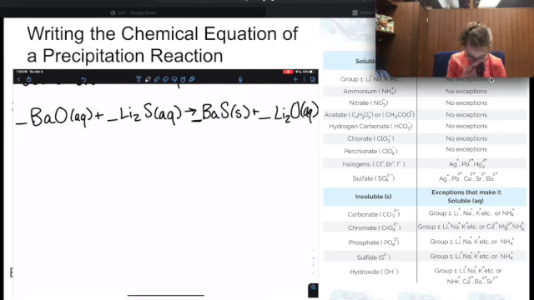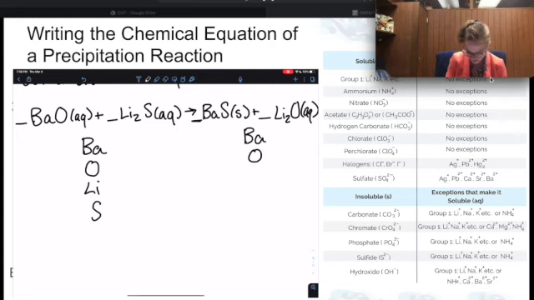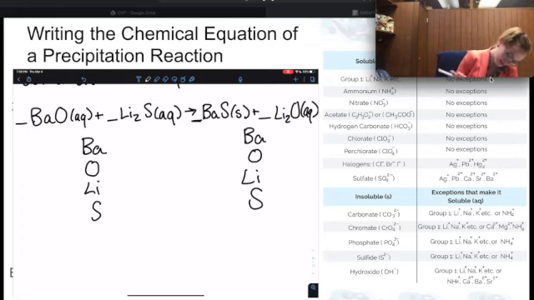Okay, so we need to determine next, now that we have this all written out in a beautiful manner, if this reaction is balanced. So I'm going to go ahead and write down each kind of element I see. I see barium, I see oxygen, I see lithium, I see sulfur. I see the same things on the other side. So let's go ahead and count up our atoms. Barium oxide gives me 1 barium, 1 oxygen.